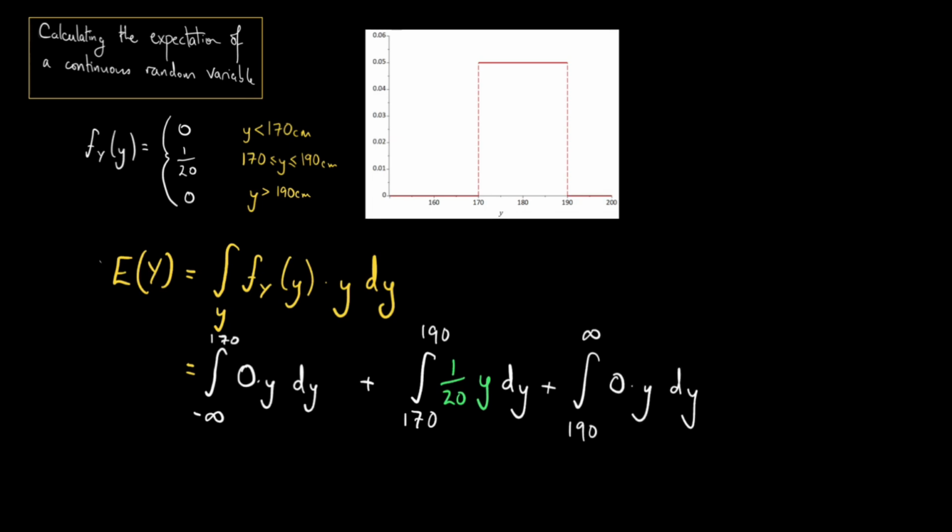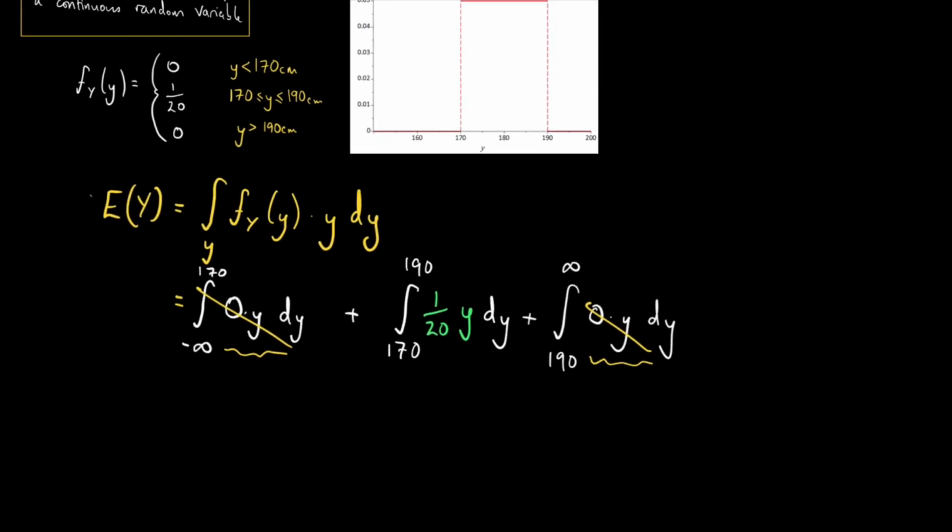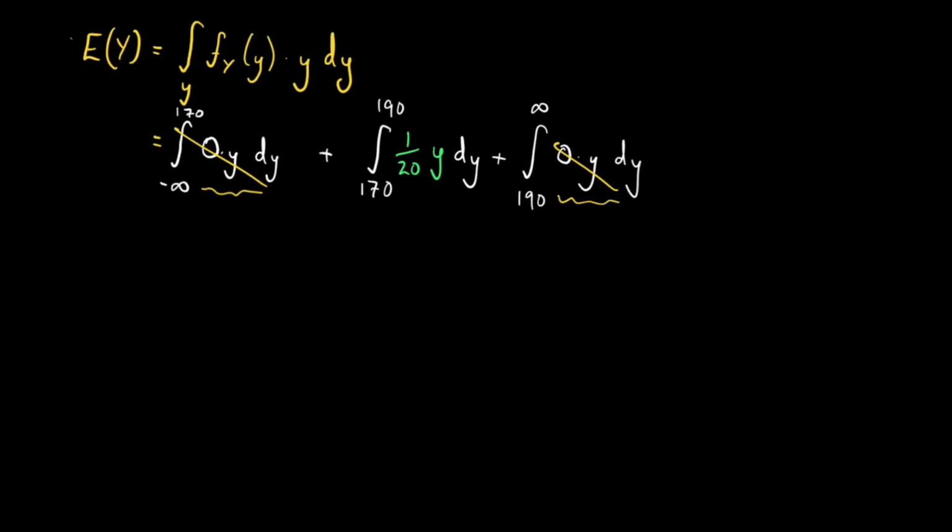Now, the bits where the probability density function is 0 are not really interesting, because this integral and this integral are just going to be equal to 0. So we can get rid of those, leaving us with the expectation being equal to the integral between 170 and 190 of y over 20 dy.